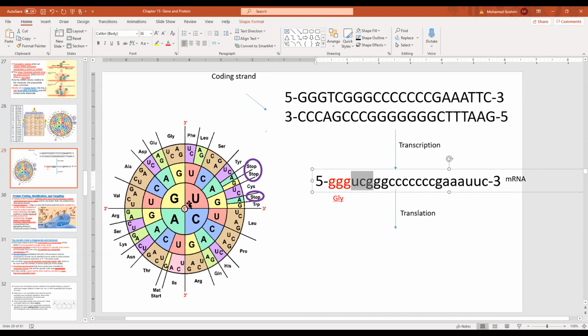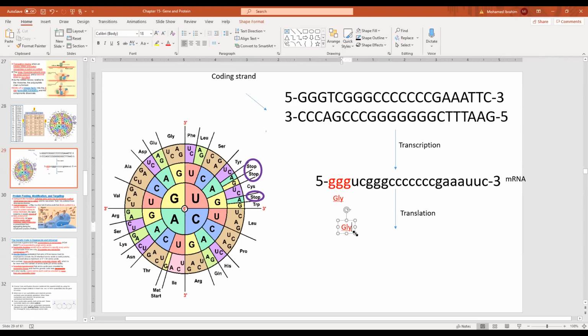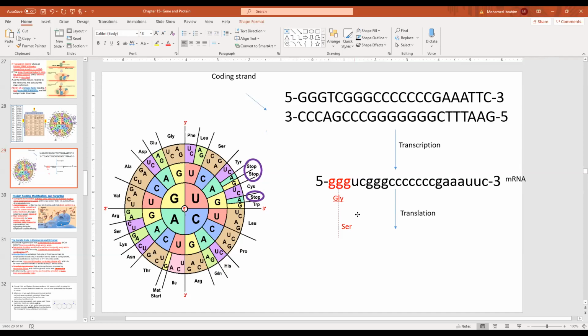Again, go from the inner, U, C, G. What is the amino acid? Serine. Serine, perfect. This is serine.